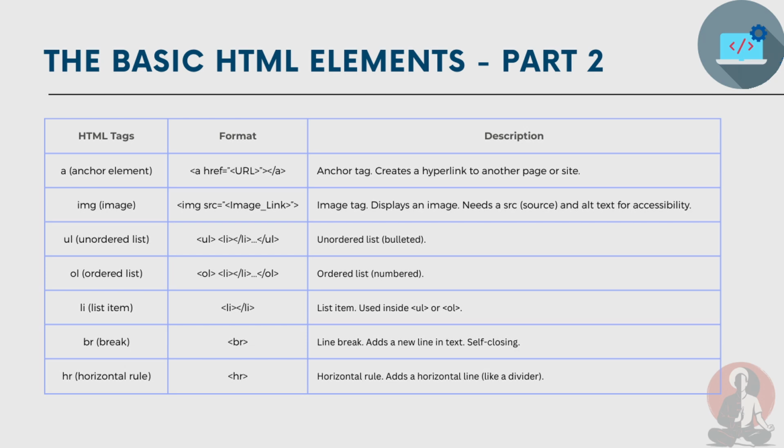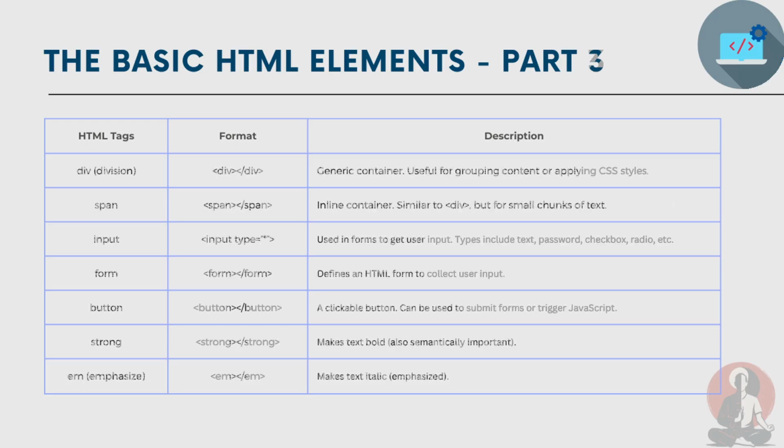We also have hr, or horizontal rule. It adds a horizontal line like a divider. It is also self-closing. Div. It's a generic container. It is used for grouping content or applying CSS styles. Span. It's an inline container. It's somewhat similar to div but for small parts of text.